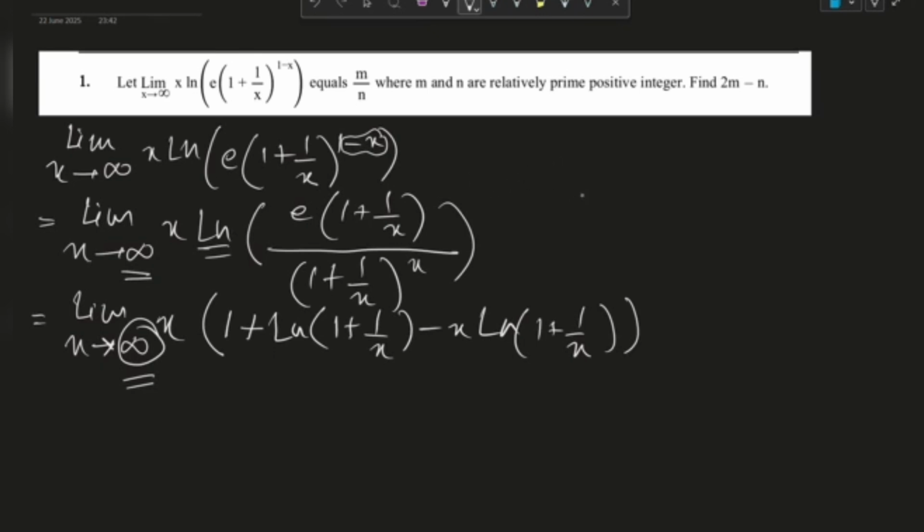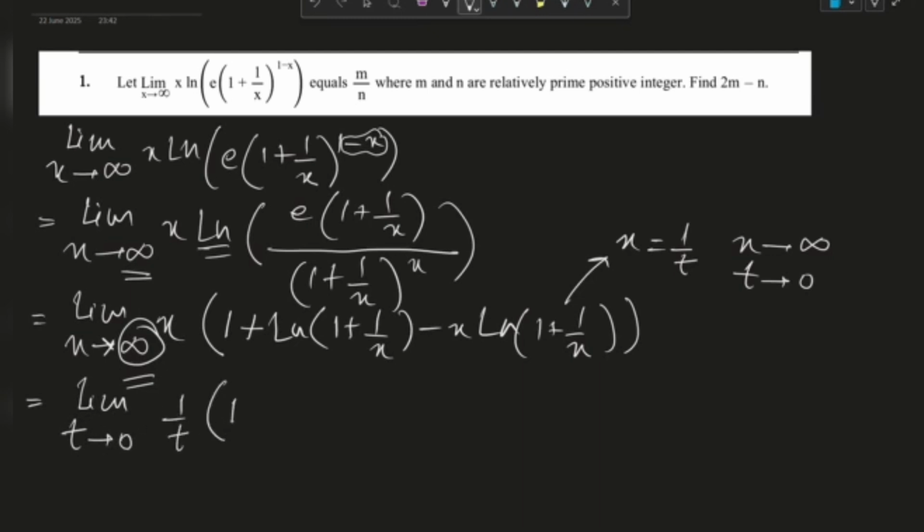So what I will do is substitute in this particular step x as 1 by t. So if x is tending to infinity, then t will tend to 0. Now we can write this as limit t tends to 0, this has become 1 by t, and this is 1 plus ln of 1 plus t, minus x is again 1 by t, and this is again ln of 1 plus t.